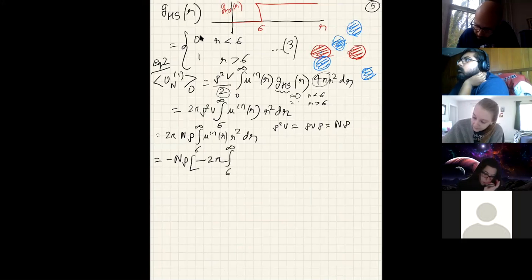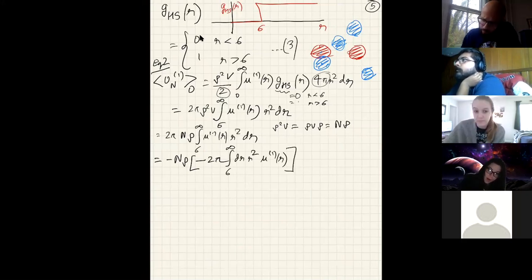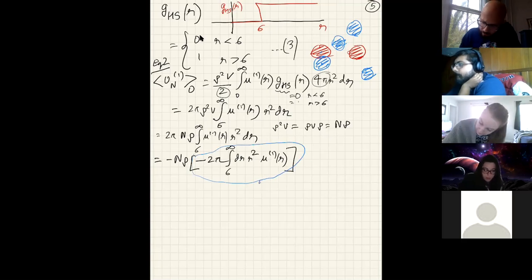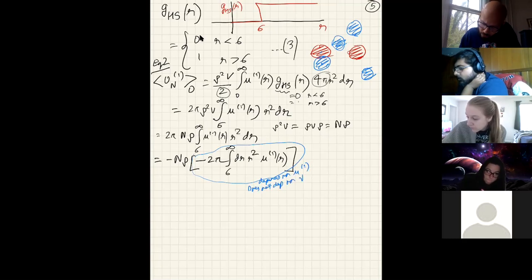Integral from sigma to infinity dr r square u1 of r, and all of this is a quantity that depends only on the perturbation potential, depends on u1, does not depend on rho, does not depend on beta or volume or N, right?